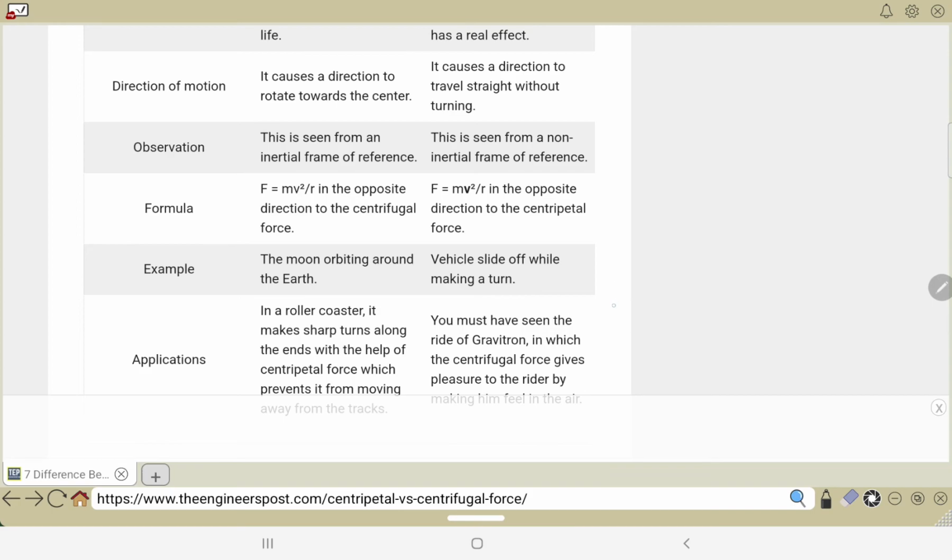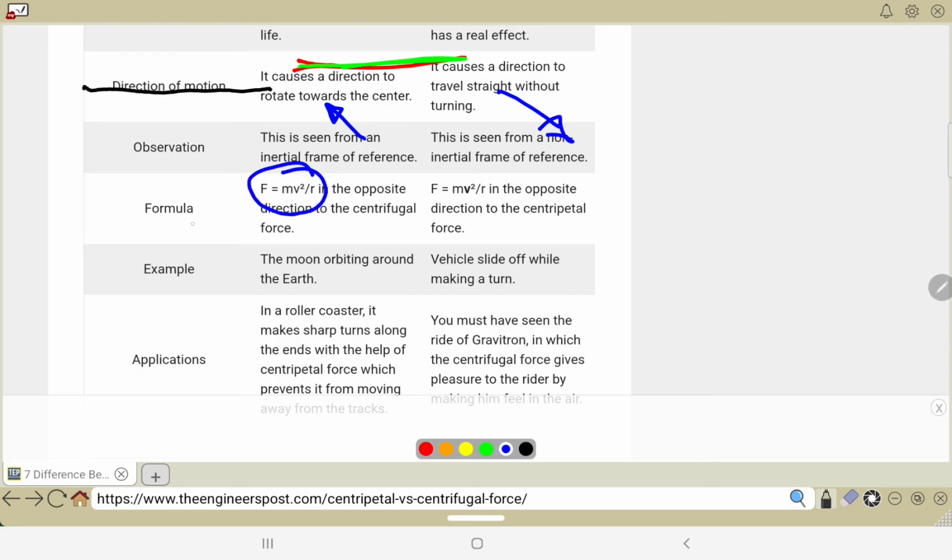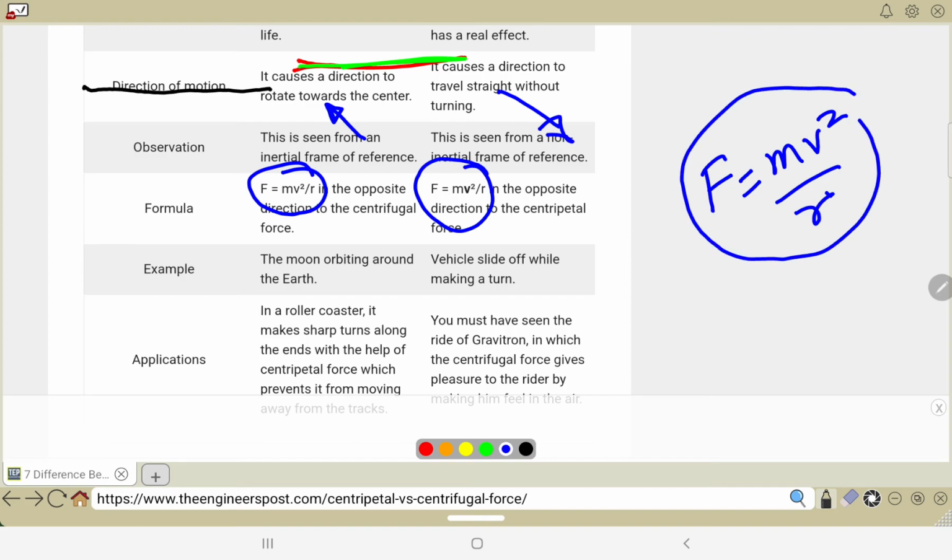The formula for calculating the centripetal force is F equals mv squared upon r, and to calculate the centrifugal force, the formula is also the same. F equals mv squared upon r, but this force acts in the opposite direction to the centripetal force. So centripetal force and centrifugal force are in opposite directions.